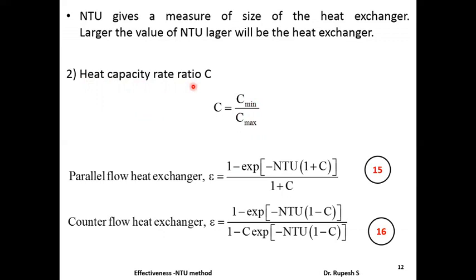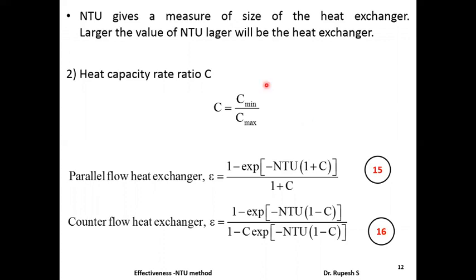The effectiveness of parallel and counterflow heat exchangers can be derived as a function of these two non-dimensional parameters, that is NTU and C, the number of heat transfer units and the heat capacity rate ratio. Effectiveness of parallel and counterflow heat exchangers can be derived by following the same methodology that we used in the derivation of LMTD. The only difference is that during the derivation, the variables will be grouped to form non-dimensional terms.